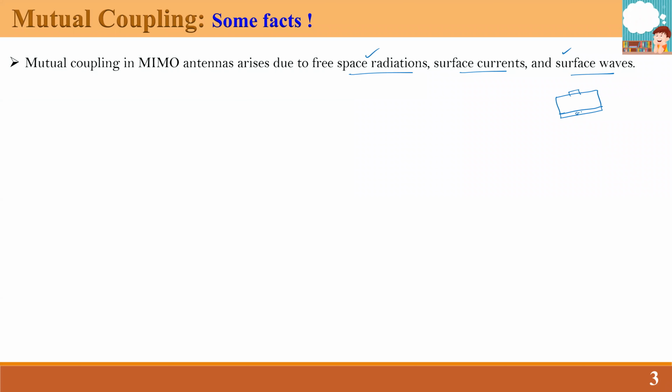You have a ground plane, and a metal patch that is radiating your signal. You can get a wave that is scattered like this, or a wave which is going like this. The wave going like this is the surface wave, and the wave going like this is the space wave. This is the simplest way one can understand these two.